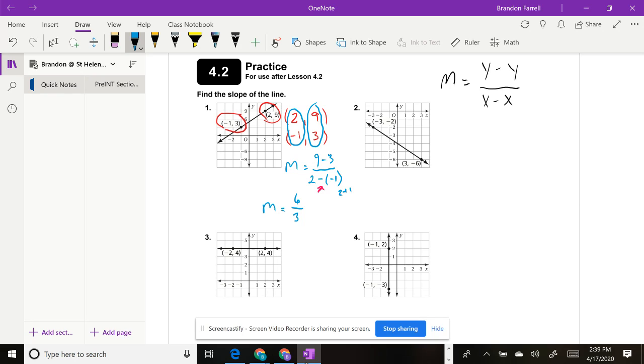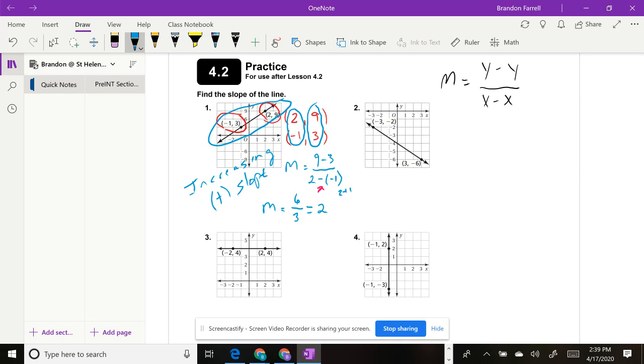So 6 divided by 3 is a positive 2. If you want to check, this is a positive line that goes up and to the right. It's an increasing line. An increasing line will give you a positive slope.